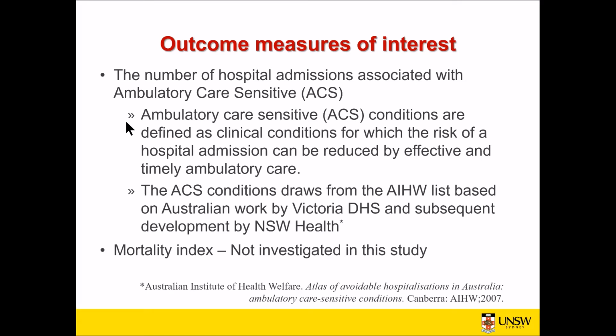The list that we use is adapted by IHW for the Australian context, but the main list for the ACS conditions has been widely used in various studies, and it contains, in our case, 21 conditions, which includes hypertension, diabetes, and various conditions that, if well managed by the general practitioner, have been shown to highly reduce the likelihood of any hospital admissions.